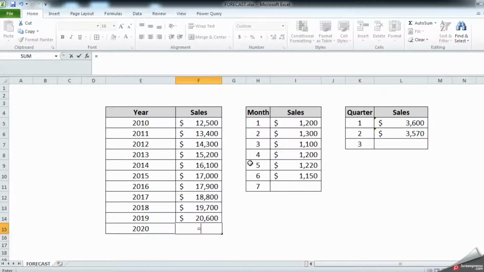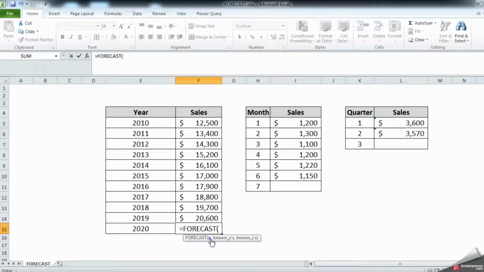Now over here it's asking you to give the x, the known y's and the known x. So let's understand what is the x, what are the known y's and what are the known x. So we are trying to achieve what will be the value of x.